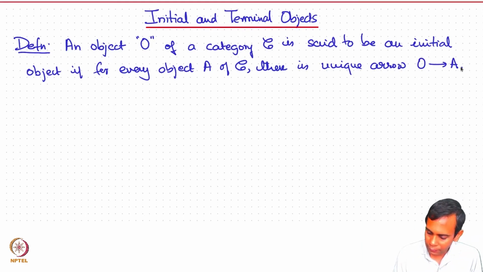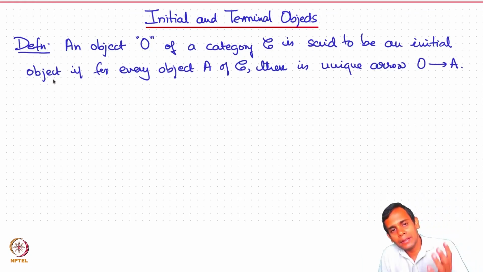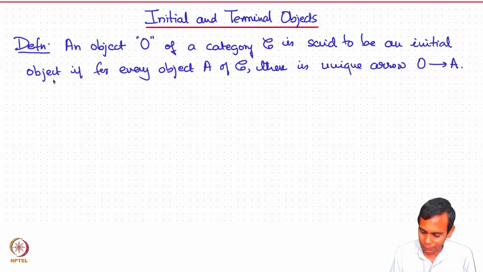Okay, and while we are at it, let's also define a terminal object. It's the dual concept in the sense that a terminal object in a category C is an initial object in the category C op. So you can guess what the definition would be.